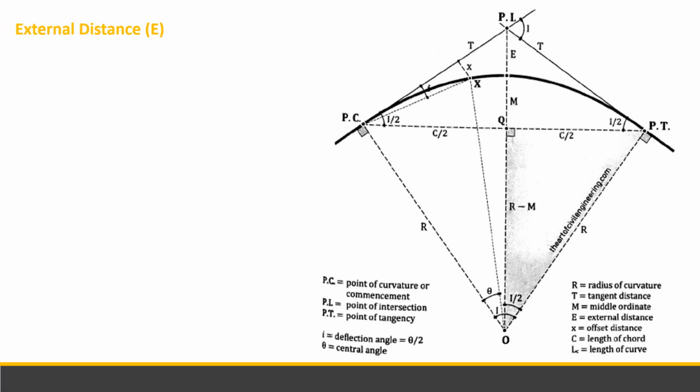Next naman is the external distance. Itong distance na to. Ito. So considering triangle PI, PT, and O. So yung unang formula natin, PI, PT, and O. This triangle.